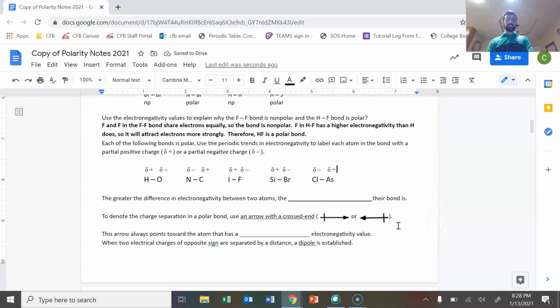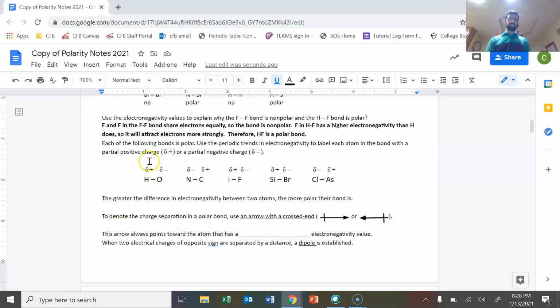Okay, the greater the difference in electronegativity between the atoms, the more polar their bond is. That makes sense. If we've got a bigger difference in electronegativity, then it's going to have a stronger polar character. So it's going to be more polar. Now what we want to do is denote the charge separation.